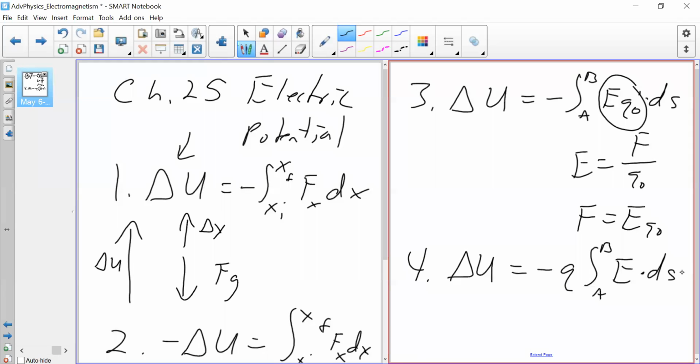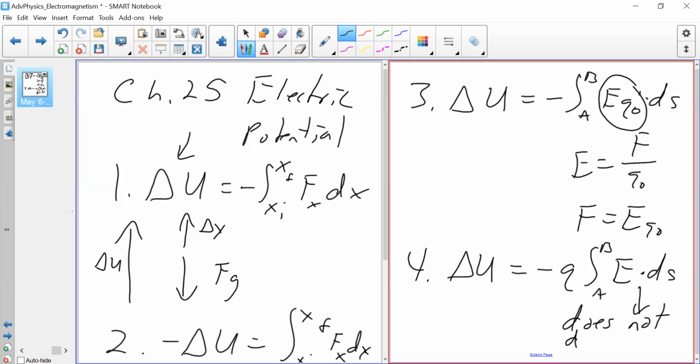But in this form, as we know, these are just positions. A and B are positions. So again, as we also know, this does not depend on the path. If the particle for some reason was going at an angle, and if the electric field was not uniform, it was off axis or something, as long as it reached from A to B, it doesn't matter the path.